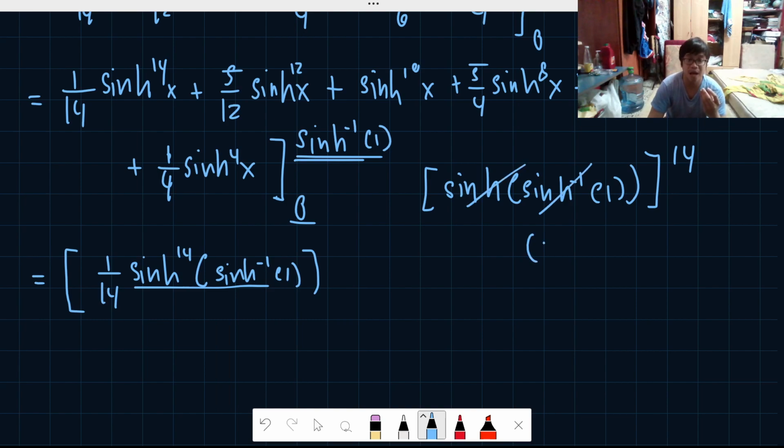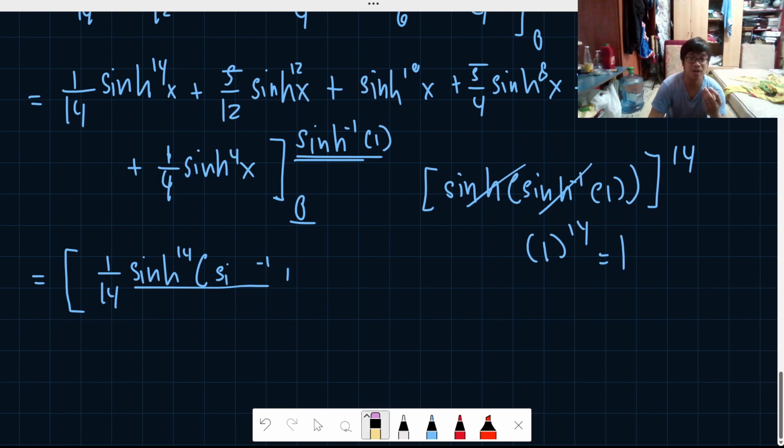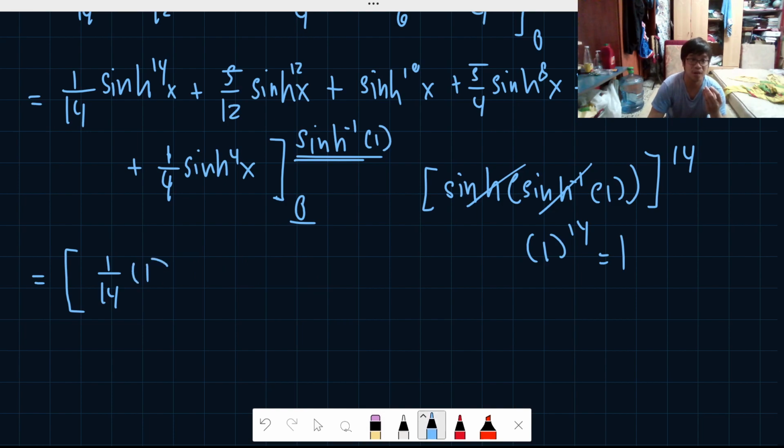What's left is 1 raised to 14, which is simply 1. Therefore, the answer here is 1. And 1 times 1 all over 14 is simply 1 all over 14. That's it for the first one.